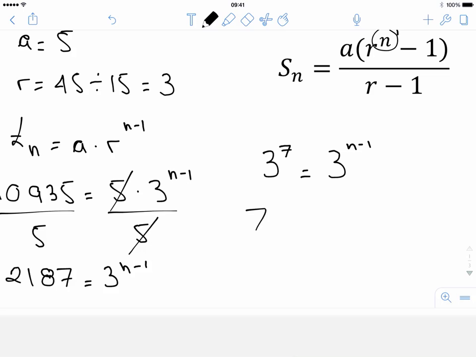Since I have the same base, I can equate the exponents. I'm left with 7 equals n minus 1, and therefore n is equal to 8.